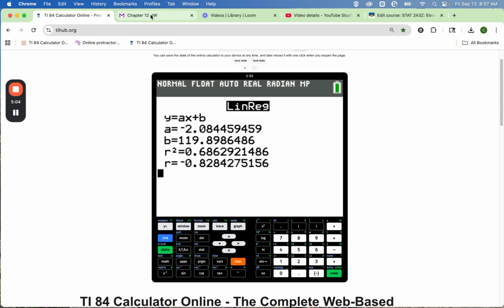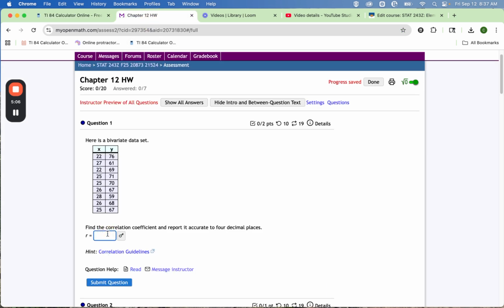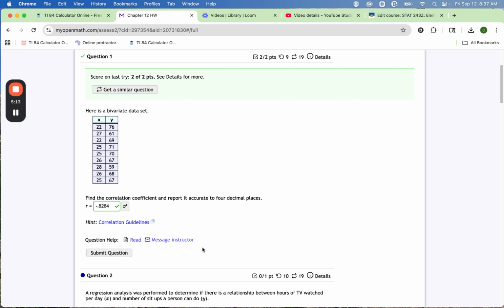So that's what we'd enter over here. Negative 0.8284. And if I got it wrong, I'm going to go back and check my lists on my calculator right away to see if I probably put a wrong number in. Okay, so that's number one, and how to use your calculator to find the line of best fit.